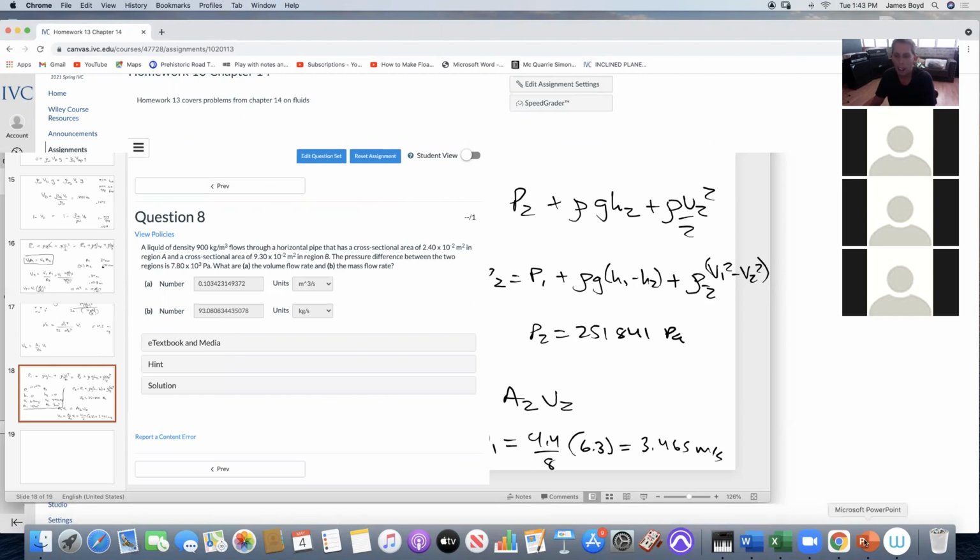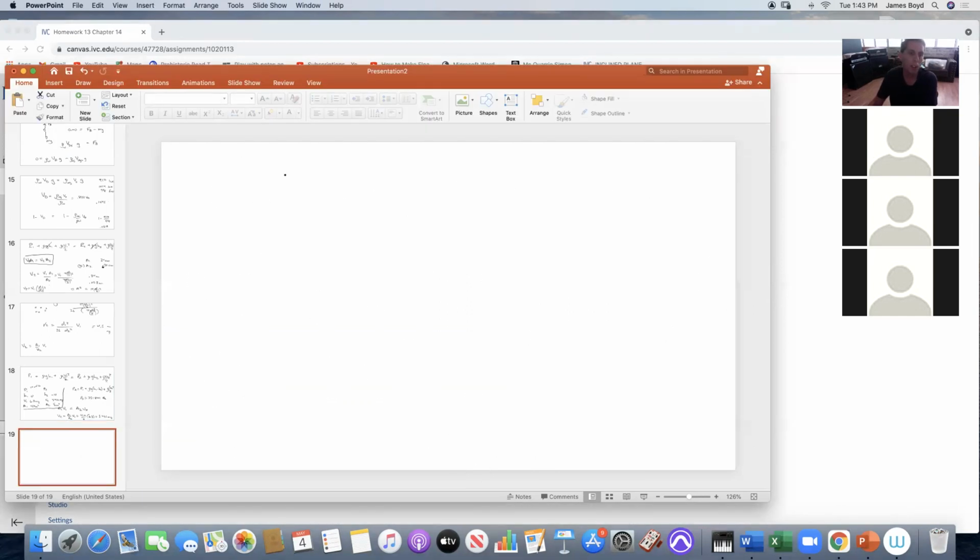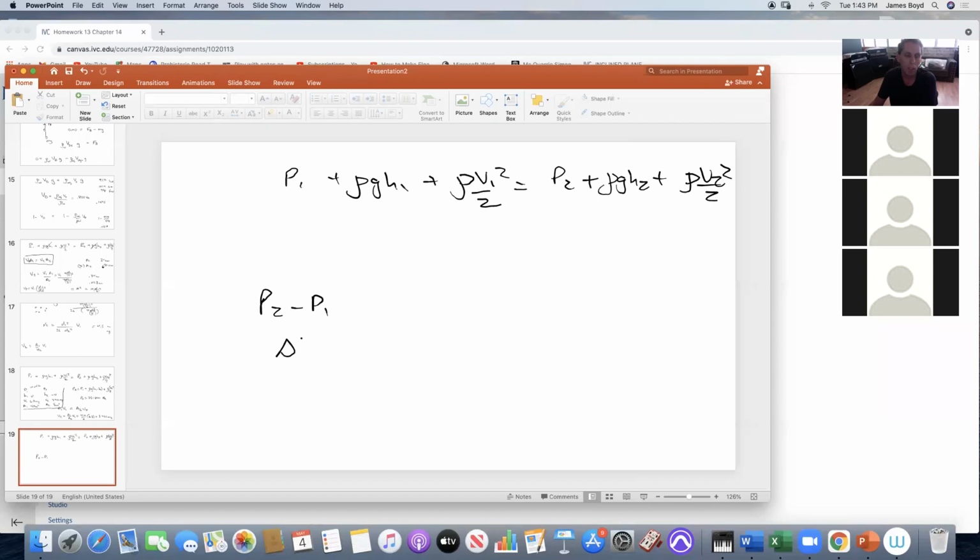Remember when you write Bernoulli's equation, you have P1 plus rho g H1 plus rho V1 squared over 2 is equal to P2 plus rho g H2 plus rho V2 squared over 2. You can set this as the change in pressure, which would then be equal to rho g (H1 minus H2) plus rho over 2 times (V1 squared minus V2 squared).